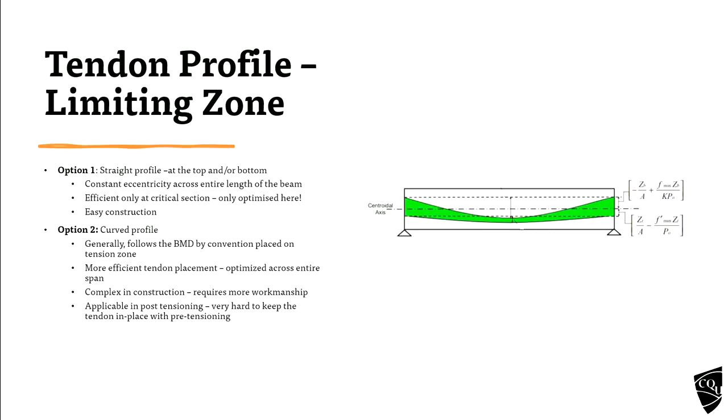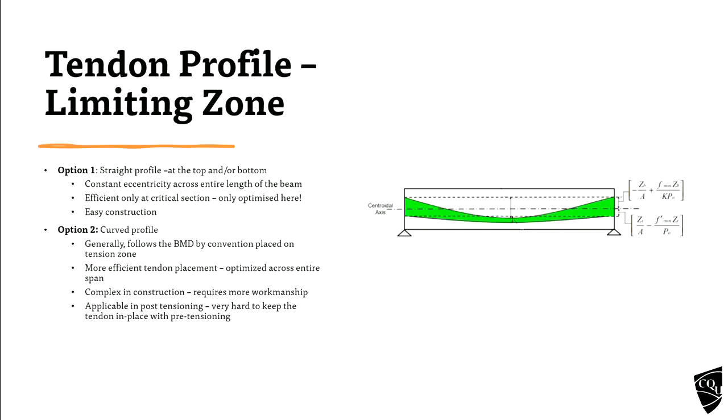Okay, so that means you can provide the tendon within that zone. So your tendon should be within the green zone. If you can provide a straight tendon, that should be okay.